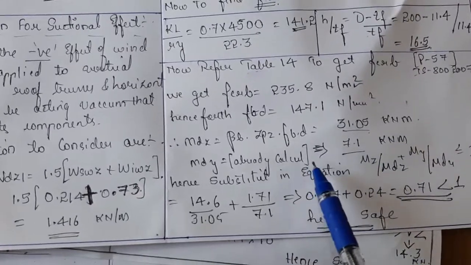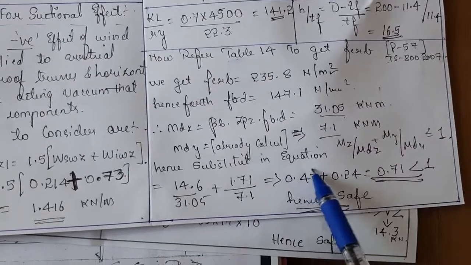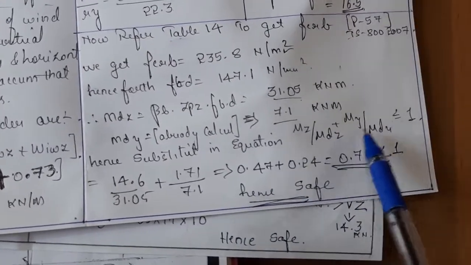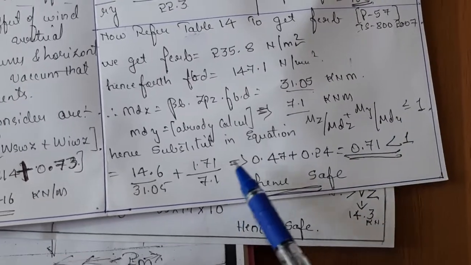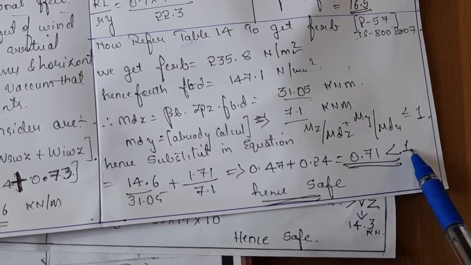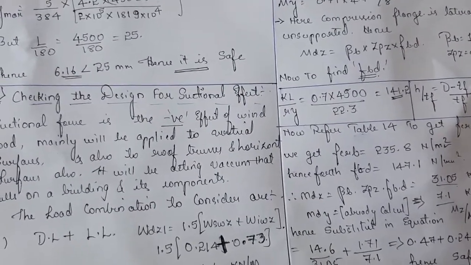Now MDY you have already calculated as 7.1. Now you have to substitute all these values in the new design equation, which should be less than or equal to 1. When you substitute it, you will get 0.71, which is less than 1, hence it is safe. So your purlins with the available loading conditions are safe against the suction effect also.